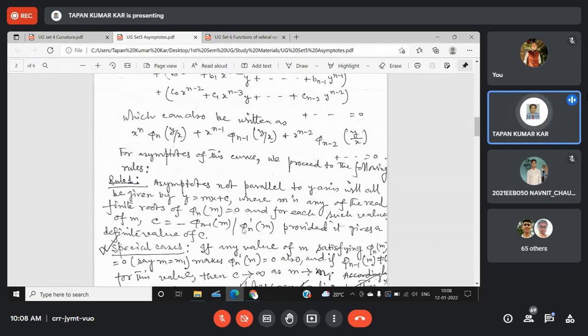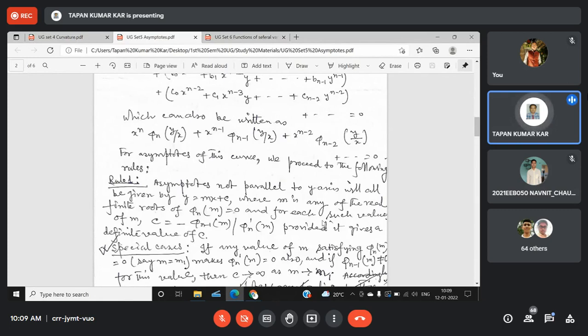So if it is a cubic equation, you will get three values of m, say 1, minus 1, 2. Setting m equal to 1, you will get C1. Setting m equal to minus 1, you will get another C. And setting m equal to 2, you will get another C. So three asymptotes are obtained.